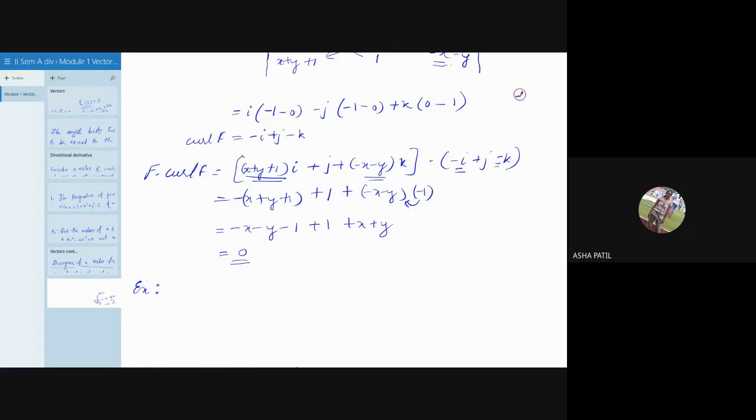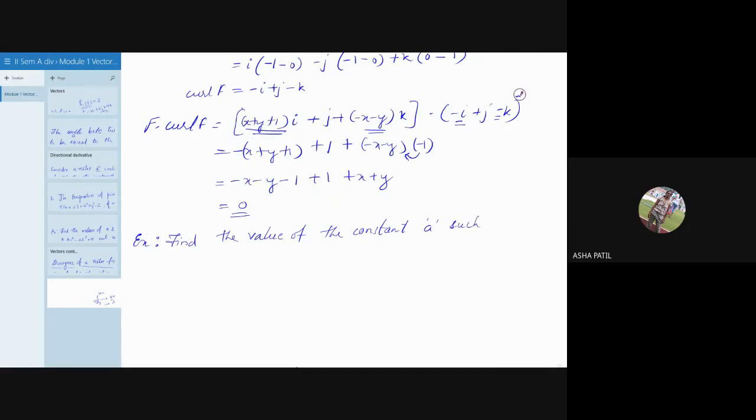Find the value of the constant a such that the vector field F is equal to (axy minus z cube) i plus (a minus 2) x square j plus (1 minus a) x z square k is irrotational.